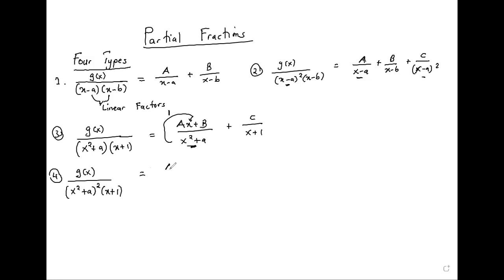Then it's going to be ax plus b over x squared plus a, plus cx plus d over x squared plus a squared, plus e over x plus 1. So this is where partial fractions end.